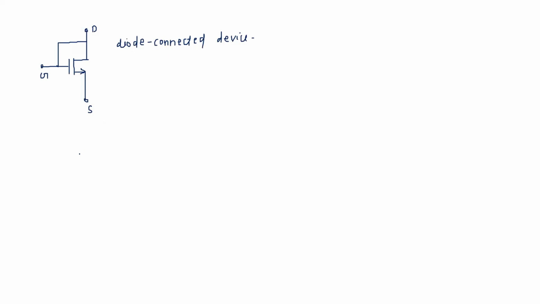But if I calculate from, suppose, the drain side, now draw the small signal. So the small signal gate, source, and drain. This gate is grounded, and this source is grounded.